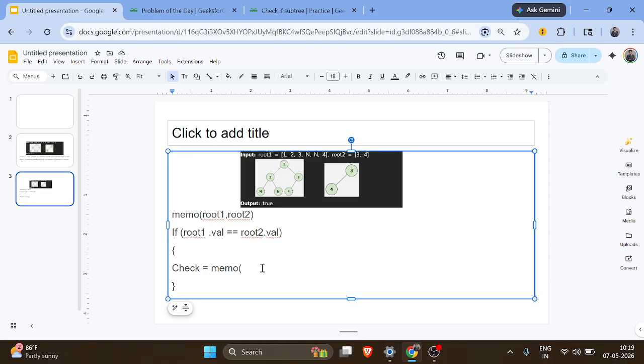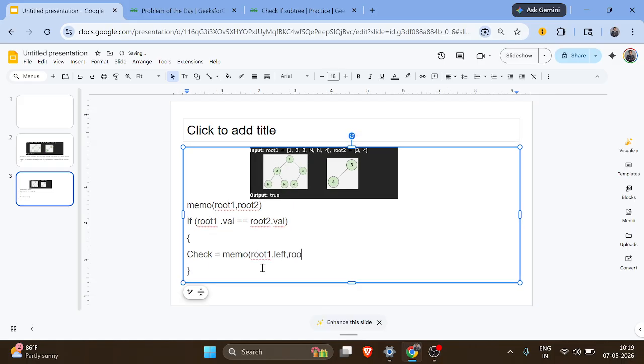So we have to check further for the left subtree: root 1 left, root 2 left. Then we also have to check root 1 right, root 2 right.